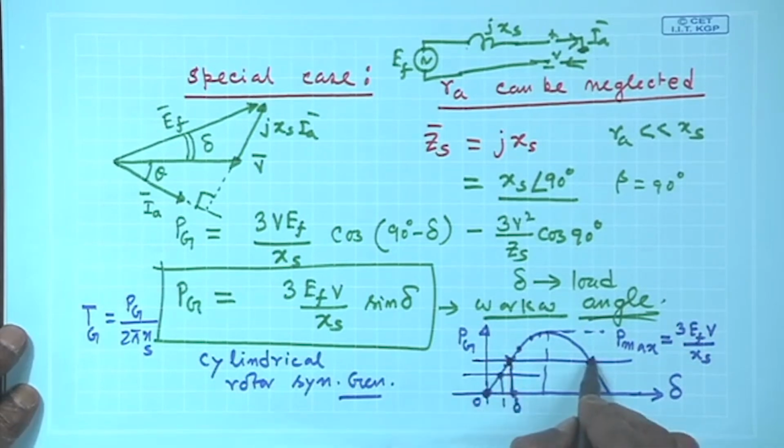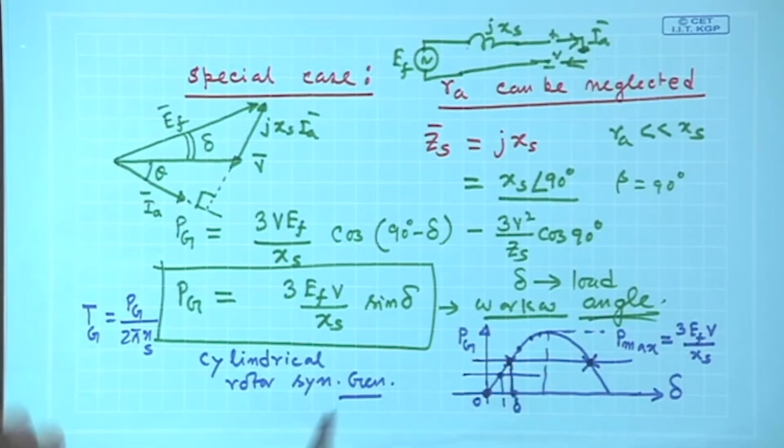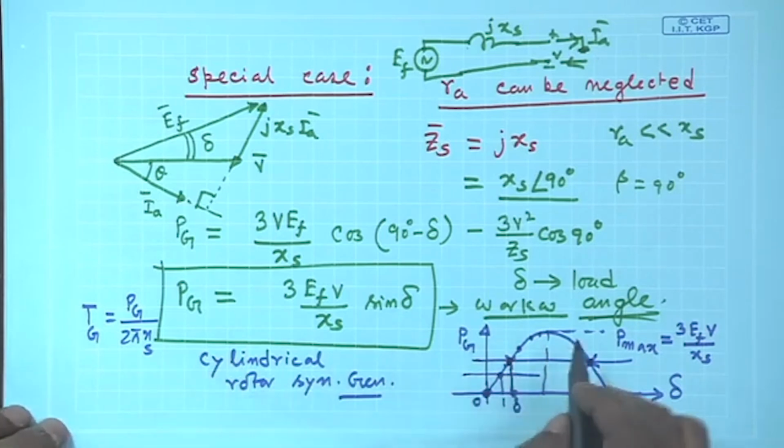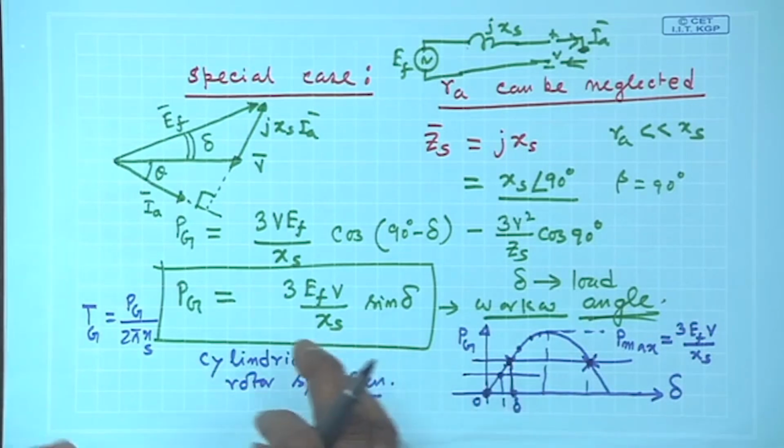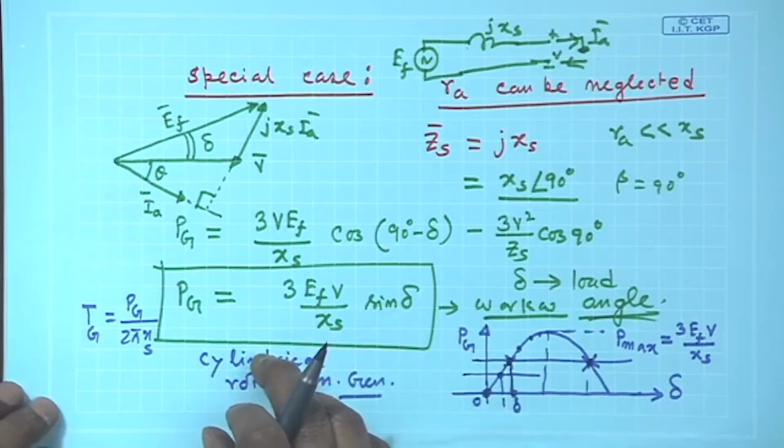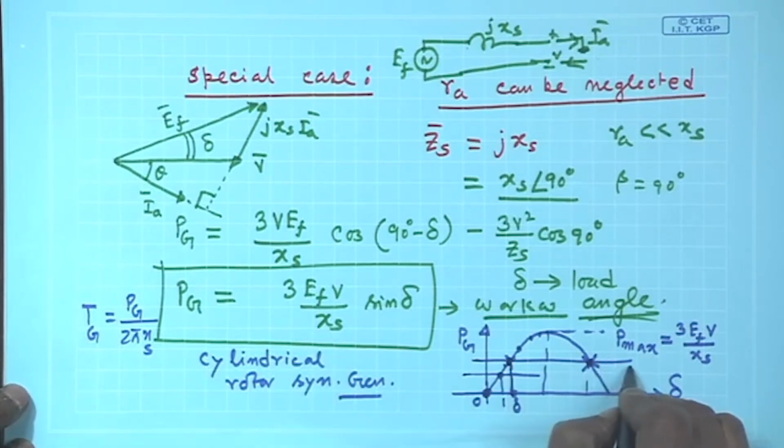Now, I find there are 2 operating points. You can easily show that this operating point will not be a stable operating point. Why? Because with a slight disturbance around this point in delta, suppose the rotor advances a bit, you will find that this is the prime mover torque.